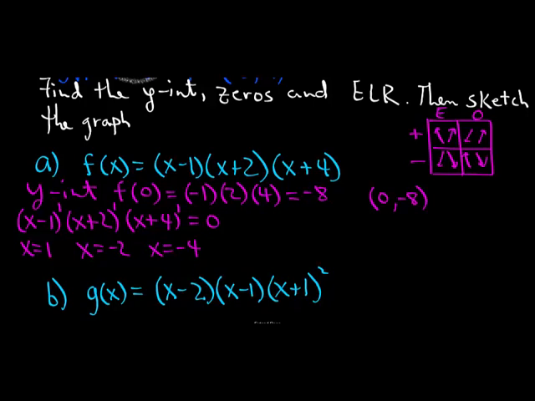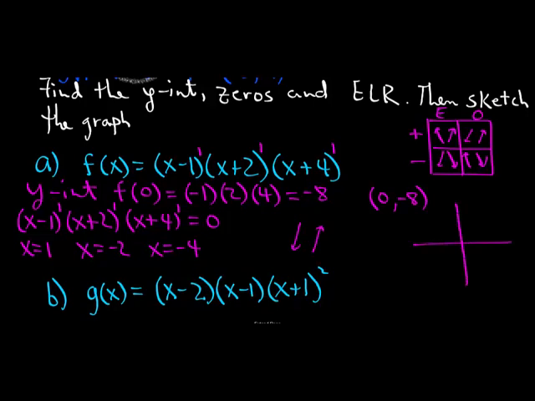So we can use that table to determine the extreme left and right behavior here. Now this particular one, we've got a 1 degree there, another degree. If we multiply those, we get a second degree. And then if we multiply by this one, we get the third degree. So this is a third degree polynomial, so it's going to behave like this, down to the left, up to the right.